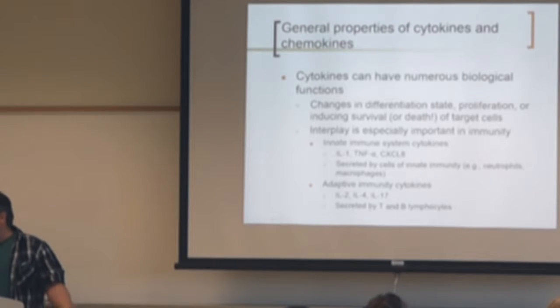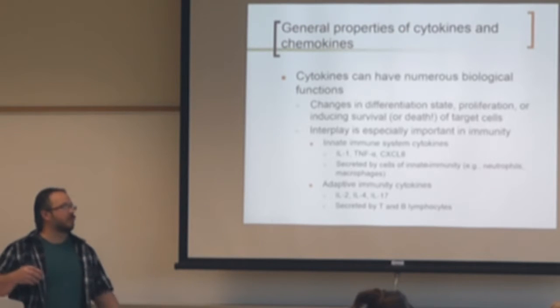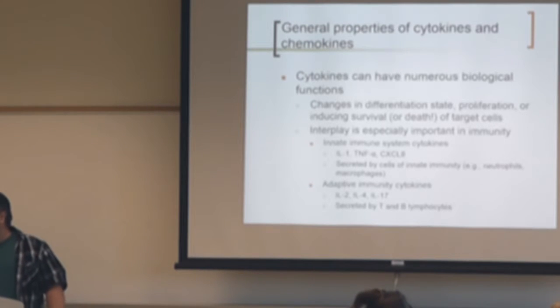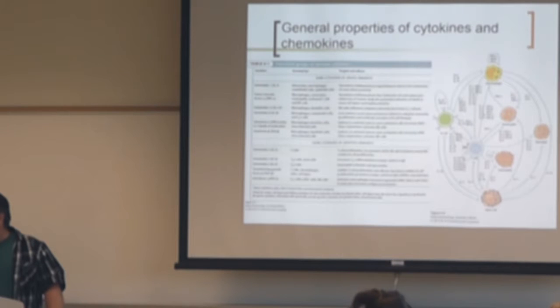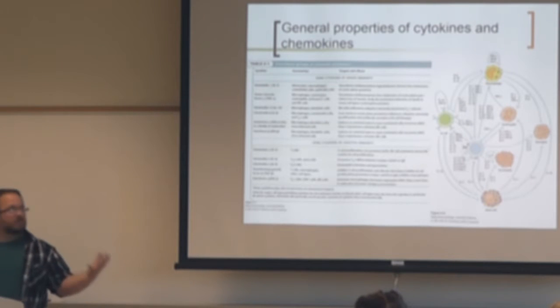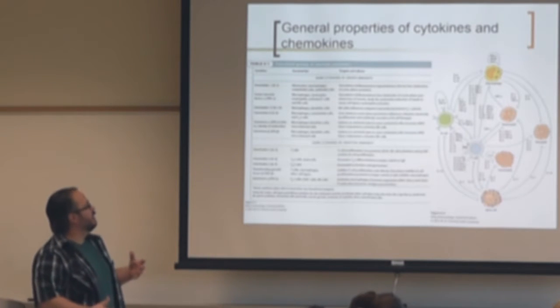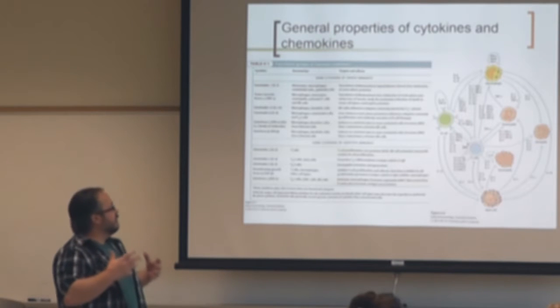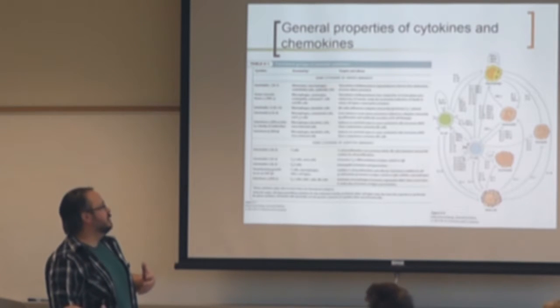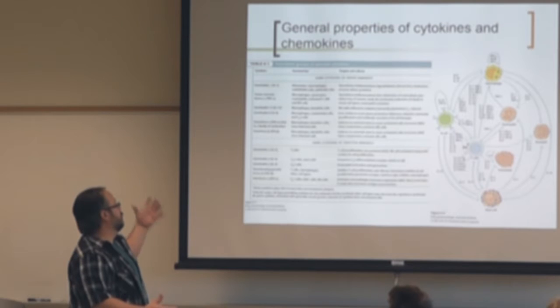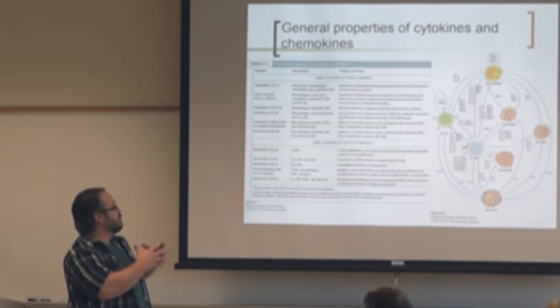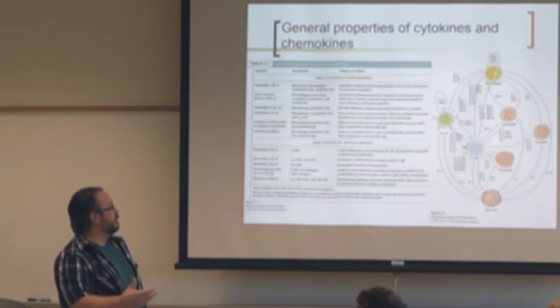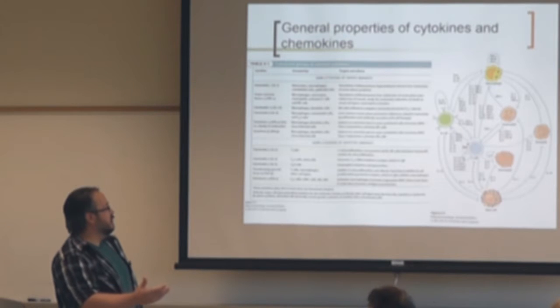These are secreted mainly by T and B cells. And then these innate cytokines are secreted by our more innate macrophages, neutrophils. And you don't have to memorize this figure, but it is just to highlight that there's redundancy, there's what's called pleiotropy, and there's a lot of cytokines that are secreted by different cells.